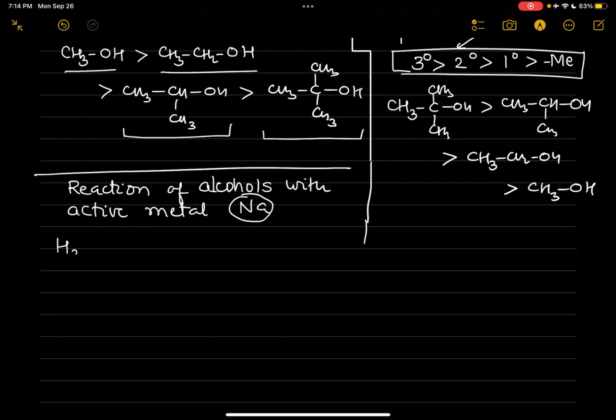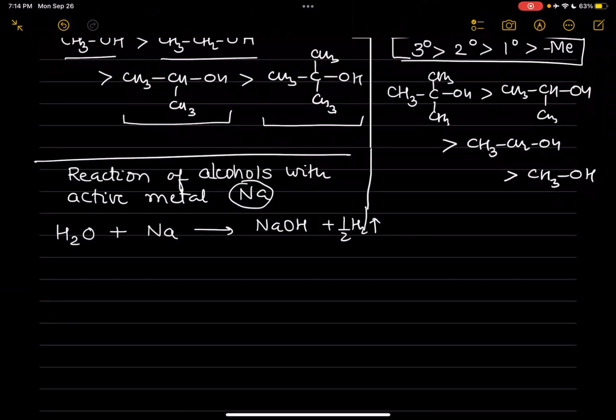So let me write what happens with the water. When you put sodium, you get NaOH, sodium hydroxide, and H2 gas is liberated. Clear? But what will happen if you do the same reaction on alcohols? If you take methanol and put a piece of sodium in methanol, what is going to happen?